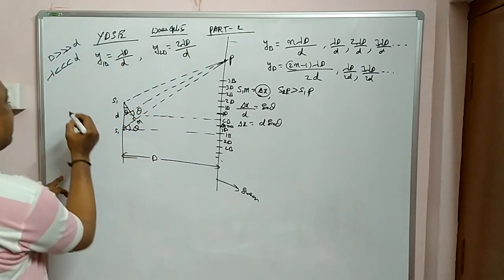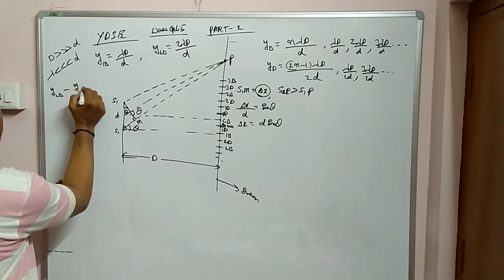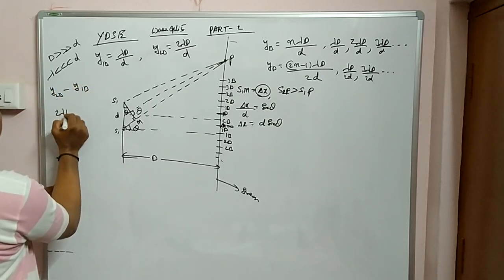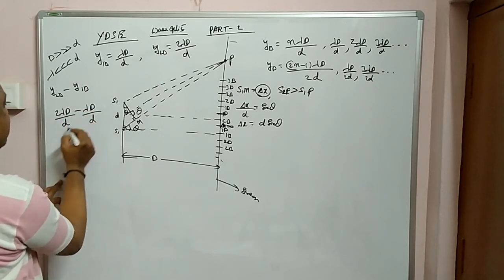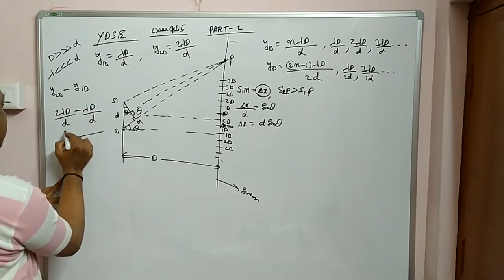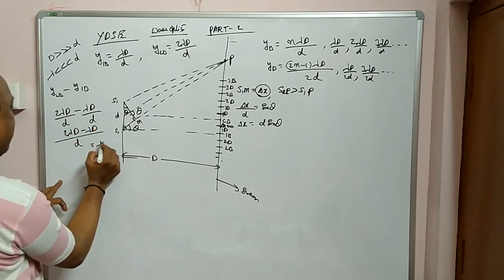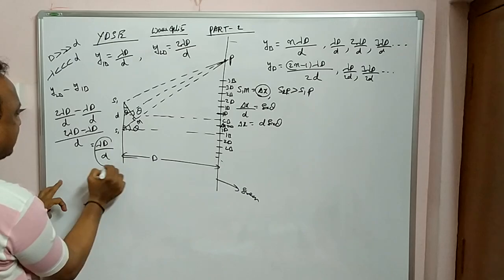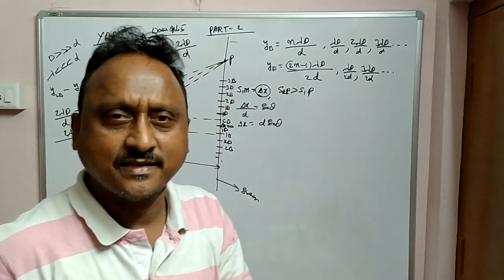Now what is the separation? The difference is second bright minus first bright. So 2 lambda D by d minus lambda D by d. Taking the LCM d, 2 lambda D minus lambda D. What is the value here? Lambda D by d. That means the distance between any two successive bright bands.